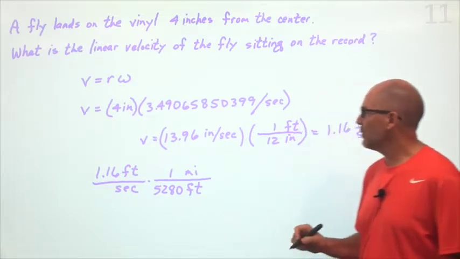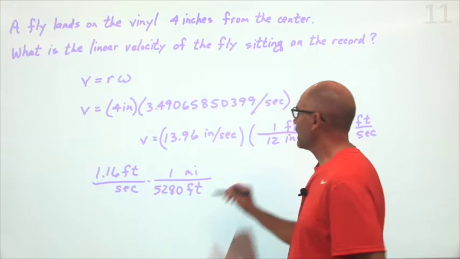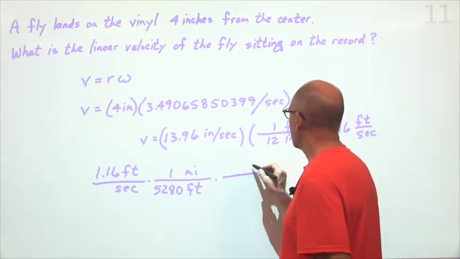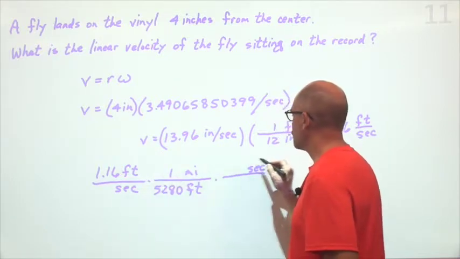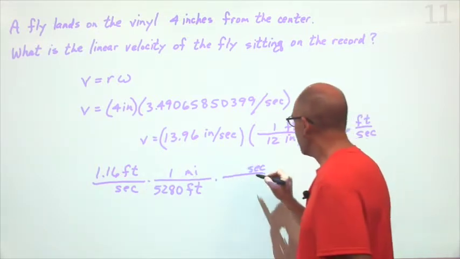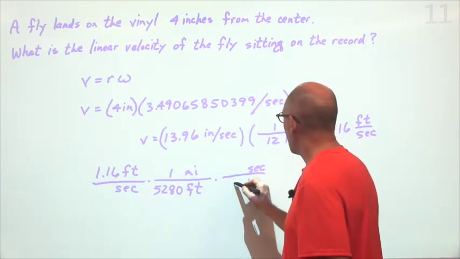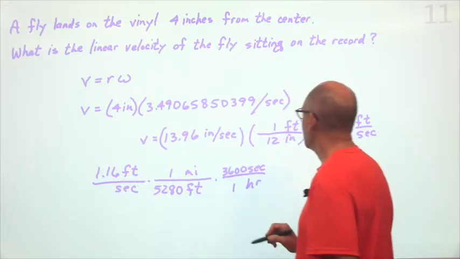So all I do then is I'm canceling feet. Now I've got miles per second. Well, I don't want miles per second. I want miles per hour. So I need to get rid of seconds. So I put seconds on top since I have seconds on the bottom. And I put hours on the bottom. Now, 1 hour is 3,600 seconds.